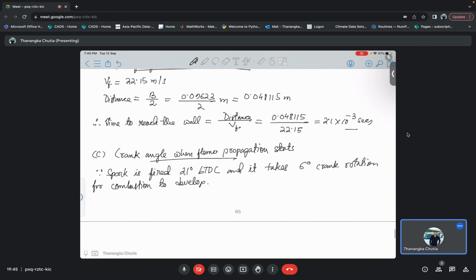Okay, so the spark is fired 21 degree before TDC, but there is a gap of 6 degree. Okay, so before this 6 degree actually that flame doesn't burn. Okay, even if the spark is burned.